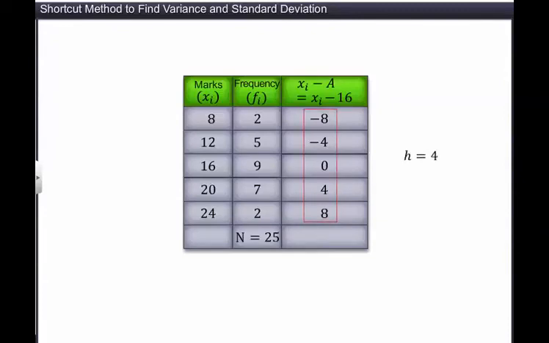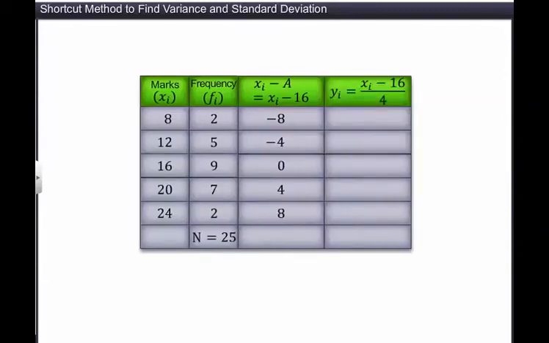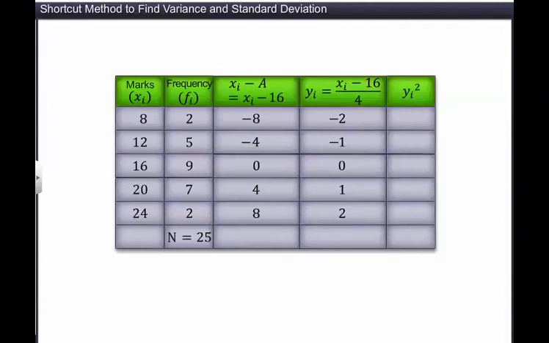Next, yi is equal to xi minus a whole divided by h. The values of the yi's are calculated as -2, -1, 0, 1, 2. The squares of the yi's are obtained as 4, 1, 0, 1 and 4.